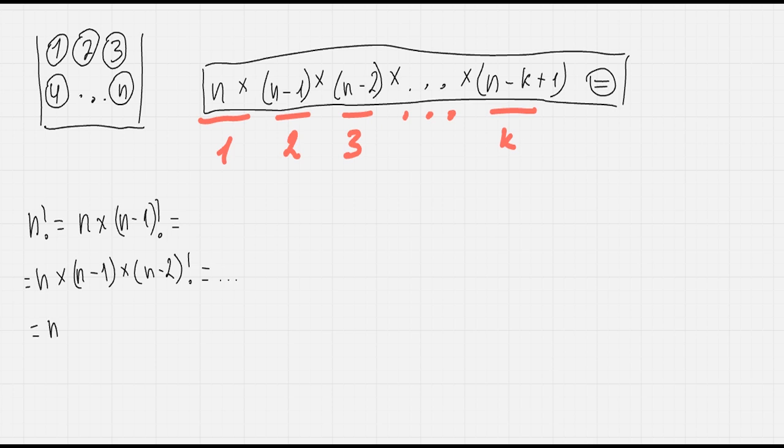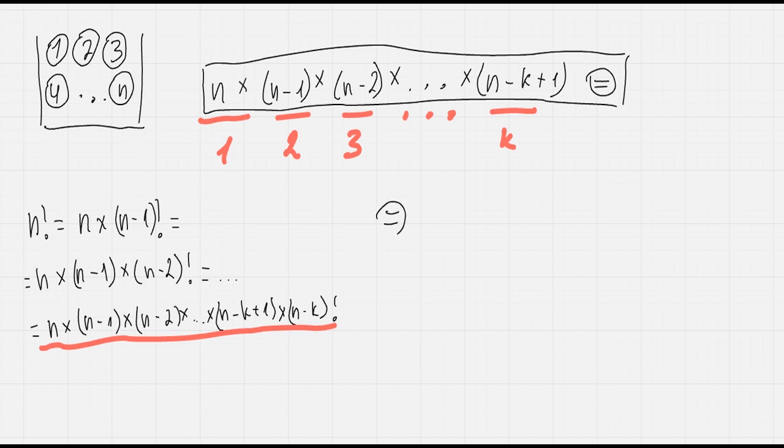Therefore, we can write the factorial of n is equal to n times n-1 times n-2 and so on times n-k+1 times the factorial of n-k. Thus, we can write the answer as the factorial of n divided by the factorial of n-k.